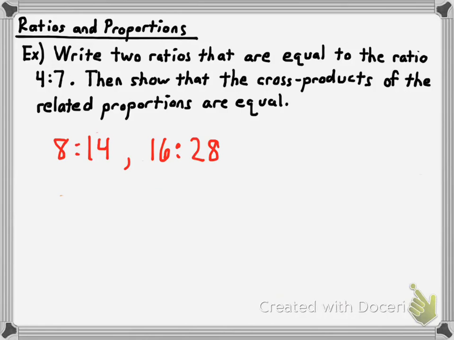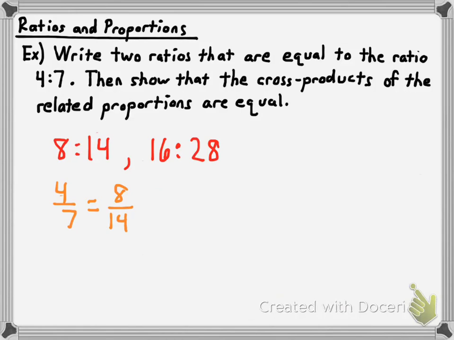All right, now let's get to that cross products thing I was talking about. I can make 3 proportions out of the 3 ratios that we've written down just by picking any 2 of them and making an equation with them. So I can make a proportion, 4 is to 7 as 8 is to 14. And now there's a special property about proportions that I want to illustrate right now.